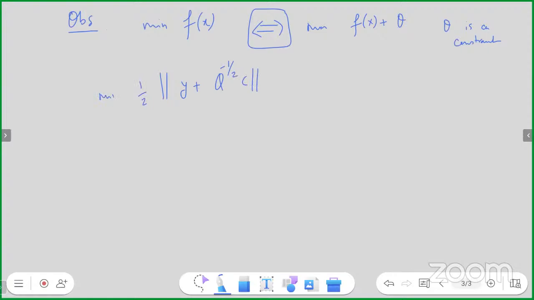So now the new problem is, in place of my original C, there is Q to the minus half C, and A has gone to AQ to the minus half. So whatever answer you had earlier, just throw in this and that's your answer. Everybody with me?